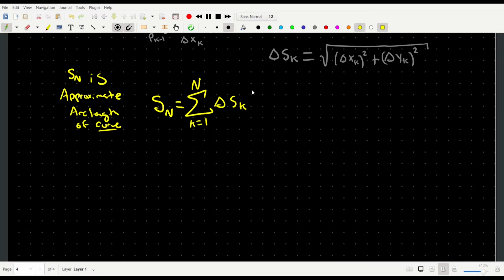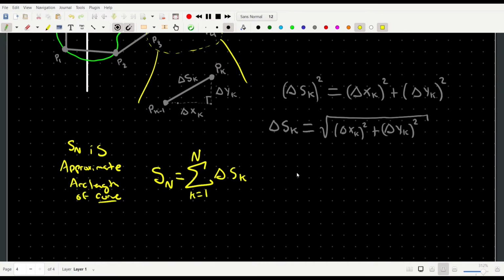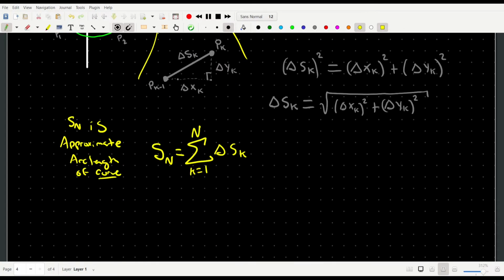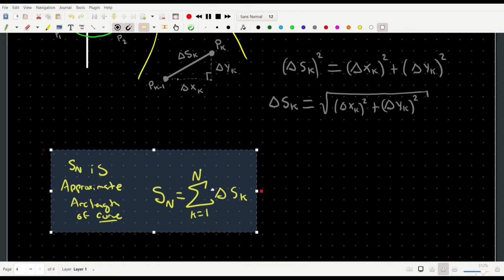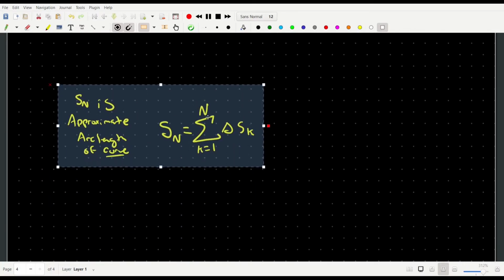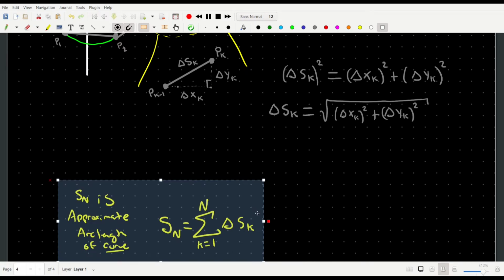Now, it's important to investigate exactly how delta xk and delta yk are related to the functions of the parametric curve.